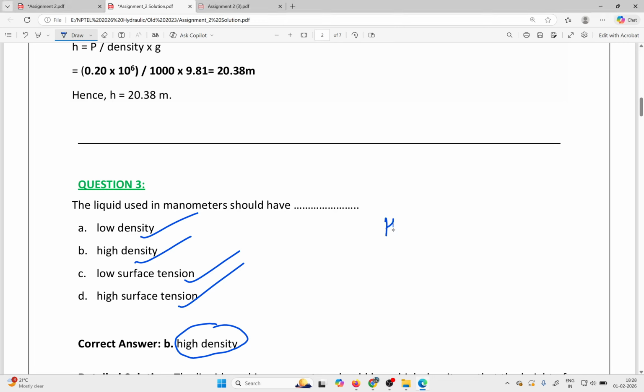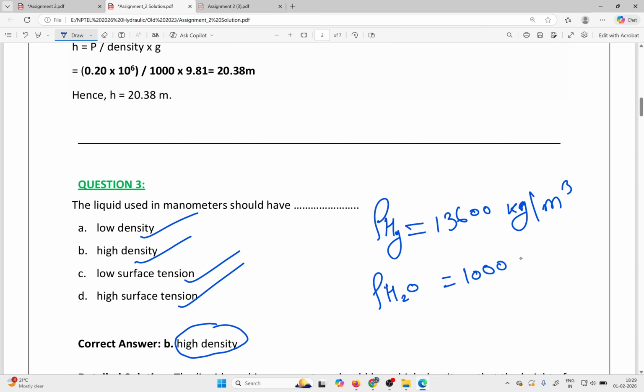Your mercury has a density this much, and water has 1000. You use a U-tube manometer connected with water, connected to the measuring pipe.